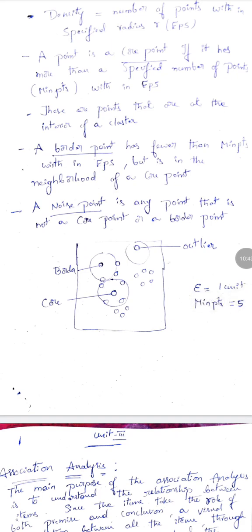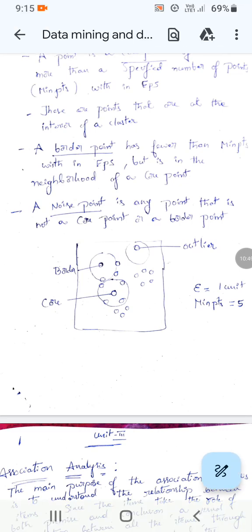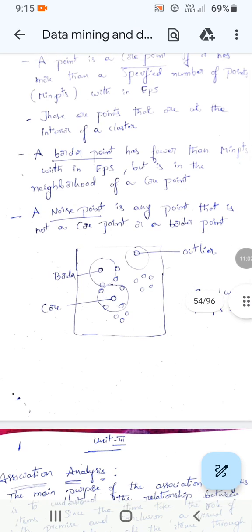A noisy point is any point that is not a core point or a border point. Noise is nothing but a point which is not touchable to the circles. The noisy point is irrelevant to the data.